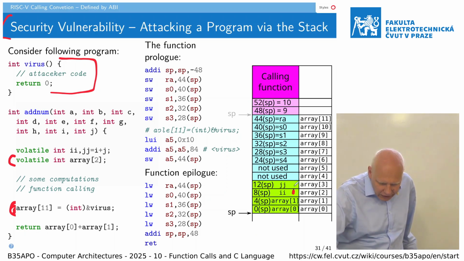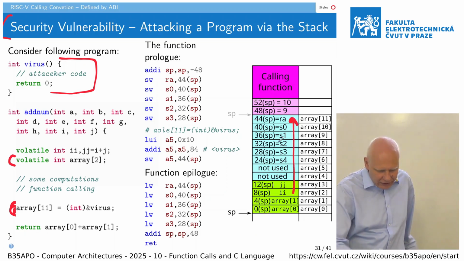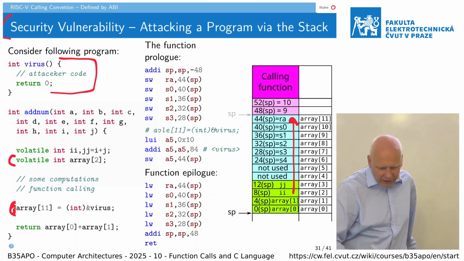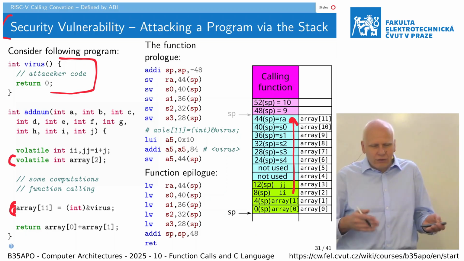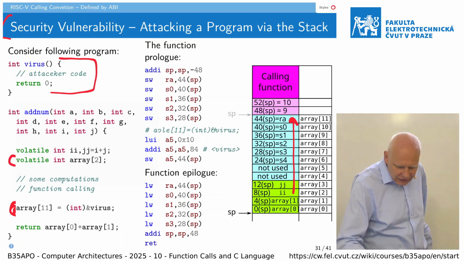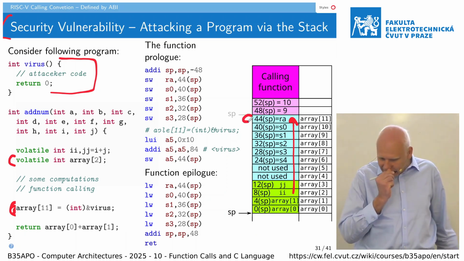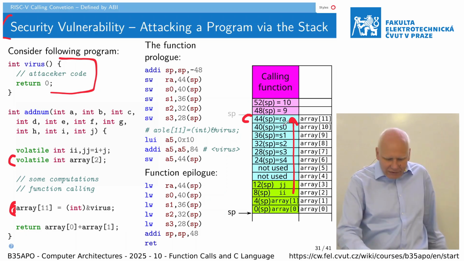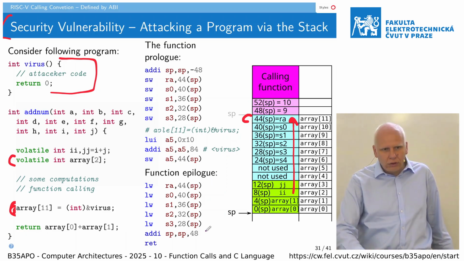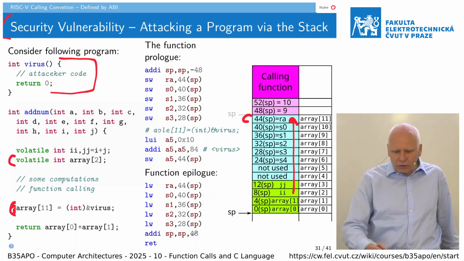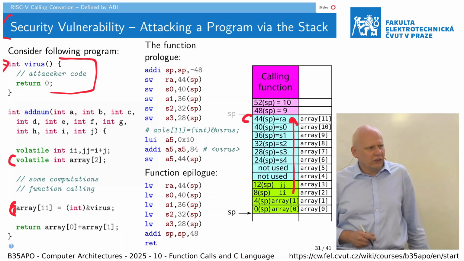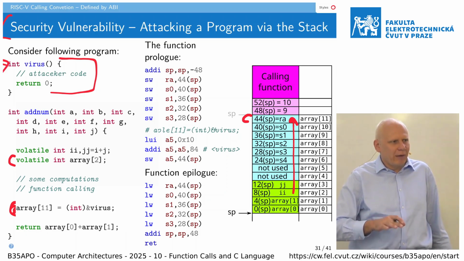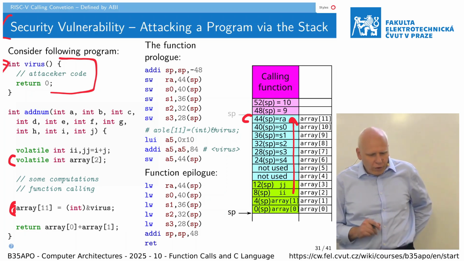So if you use this offset, in this case it is 11, and somehow enforce through some command or some misbehavior of the code that you modify this return address, then when this given function tries to return from itself, then instead of returning to the caller, it returns to the virus function in this case. Okay, it is a simplified example, but basically it demonstrates how the stack overflow can be exposed.